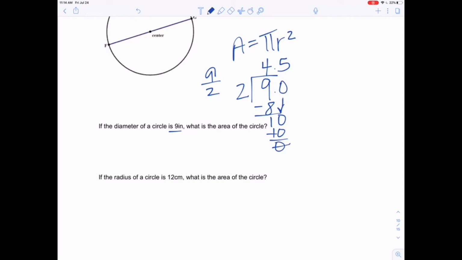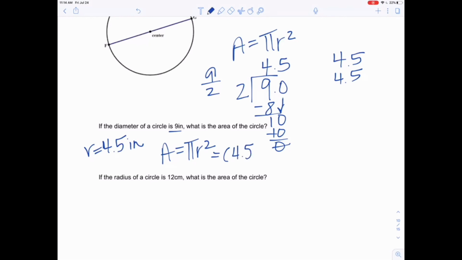Okay, so my radius is 4.5 inches. So now I'm going to plug it into my equation, pi r squared, which means I need to multiply 4.5 times 4.5, because this is simply 4.5 squared times pi.